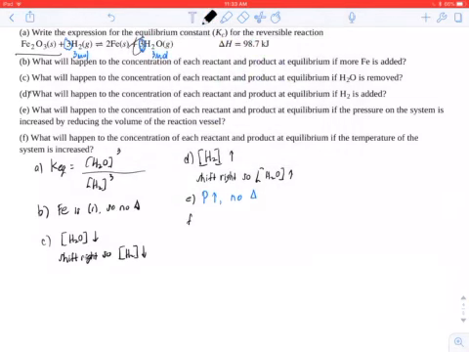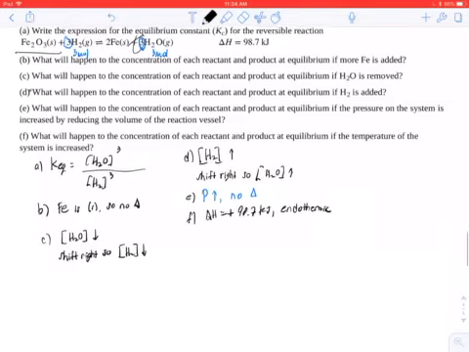First of all, the delta H is given to us, and that has a positive value. A positive delta H means endothermic, which means heat is a reactant.